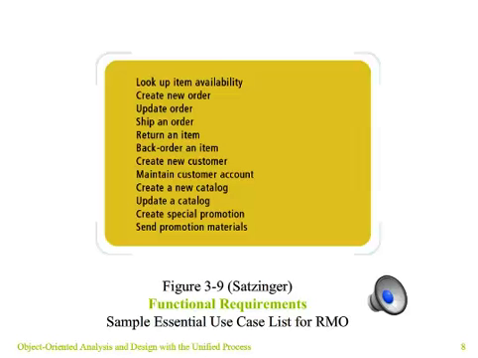And so I just want you to look at the key functions. It shows key functions of their proposed RMO system. These are functional requirements. They're functions of the system in terms of a user of the system.